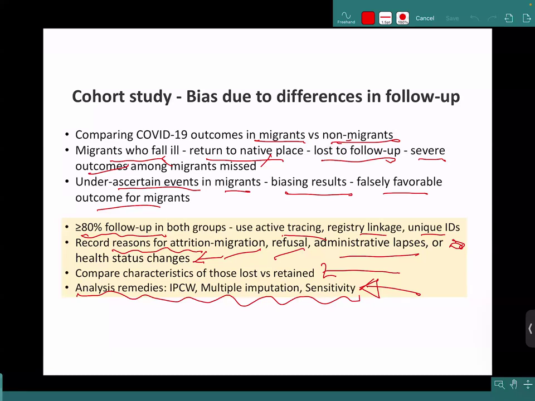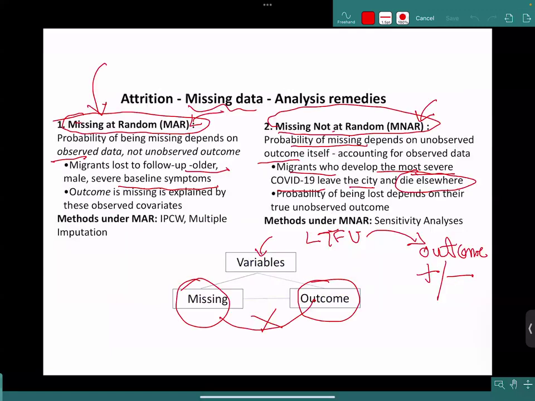So, whether it is because of migration, or people have refused, or it's your fault, some administrative problem because of which people have been lost to follow up, or changes in the health status resulting in loss to follow up, the reasons actually help you come up with your assumptions, whether missing at random or missing not at random. Because once you make that assumption, then you decide on the method to handle the missing data. Are you getting me here?